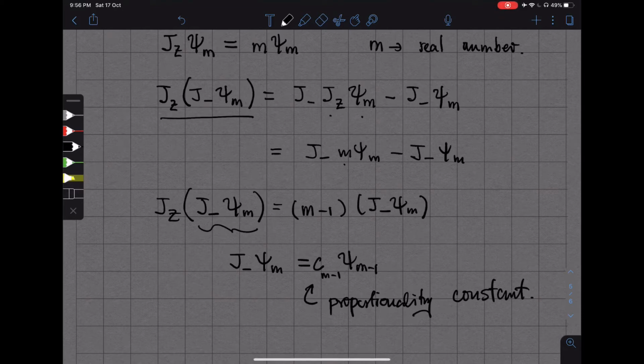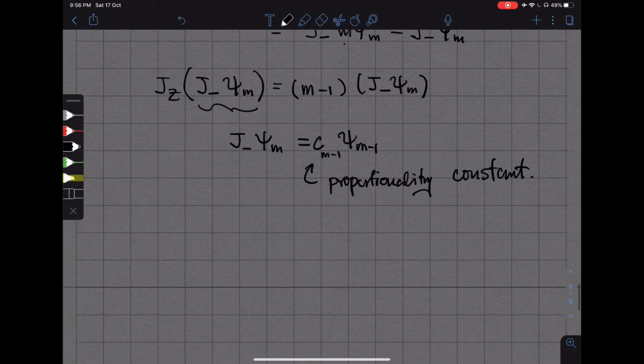All right. So similarly, okay, let's take stock. What have we done here? What we have shown is that J minus acting on psi m lowers the Jz eigenvalue by 1. So similarly, we can show that if we have J plus acting on psi m, we get the state that is proportional to psi m plus 1. And the proportionality constant there is d m plus 1.